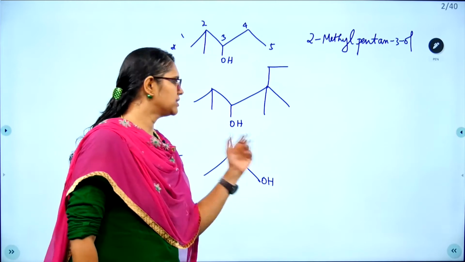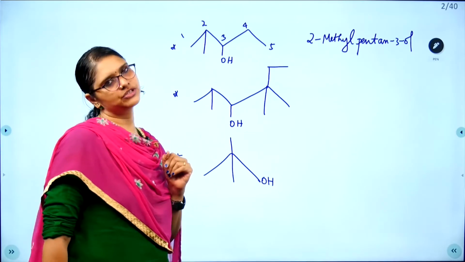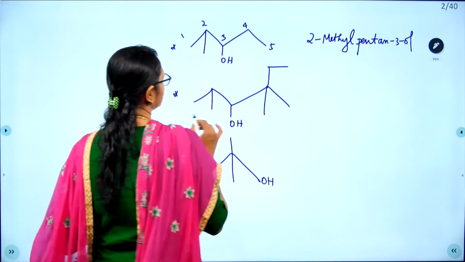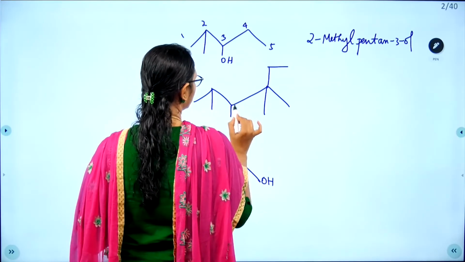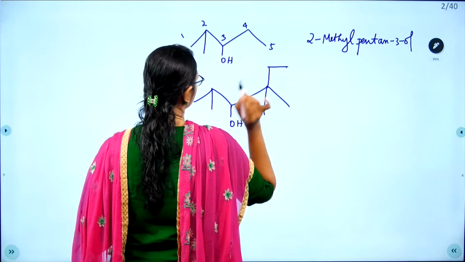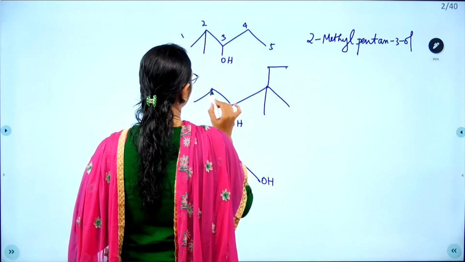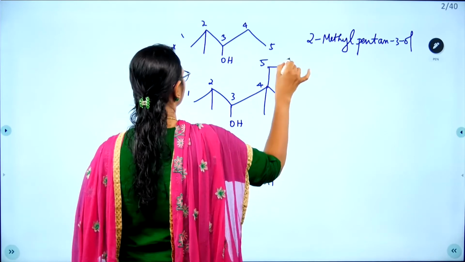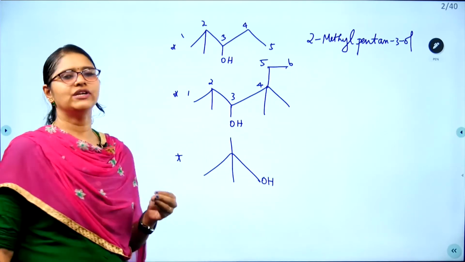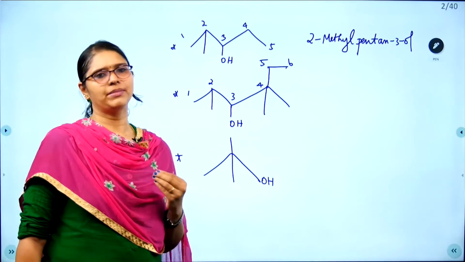You have to select the longest carbon chain correctly. For example, 1, 2, 3, 4, 5, 6. I think we have to start the numbering from this side only, because the substituent and the functional group should always get the least number.